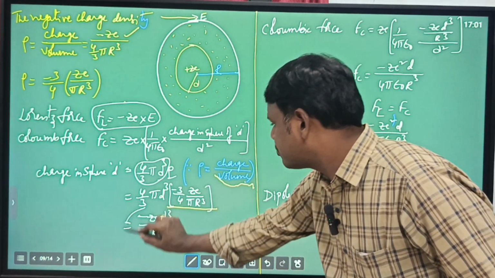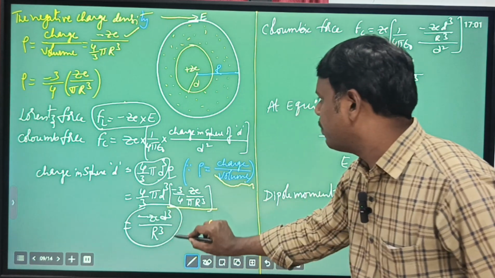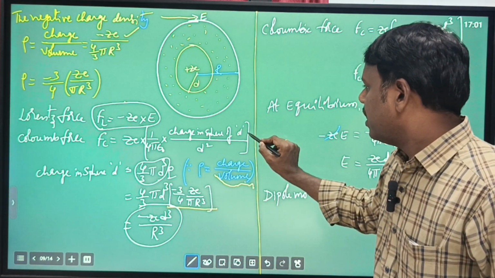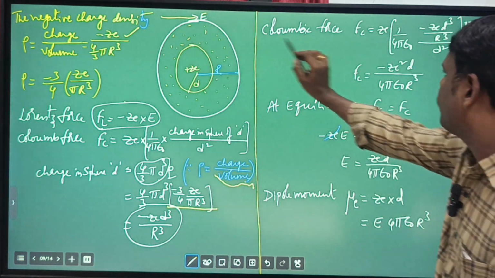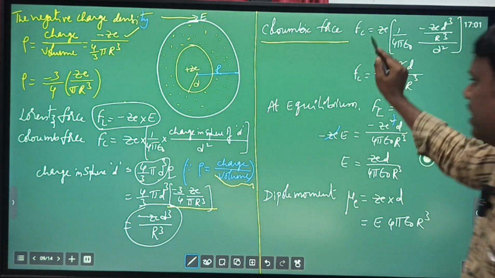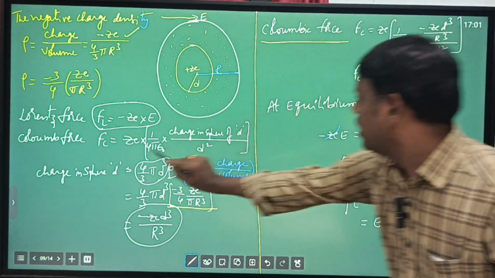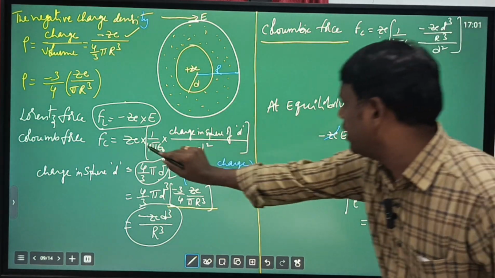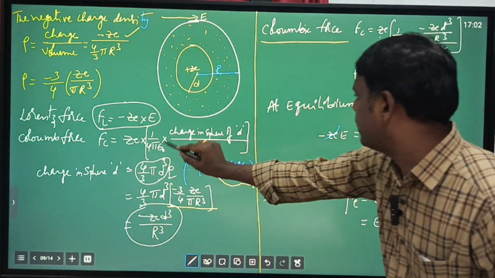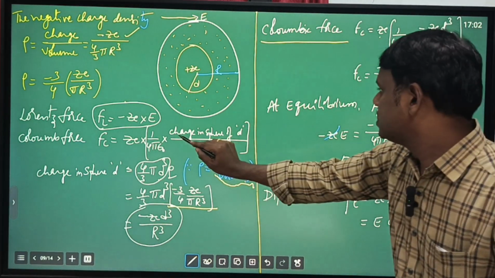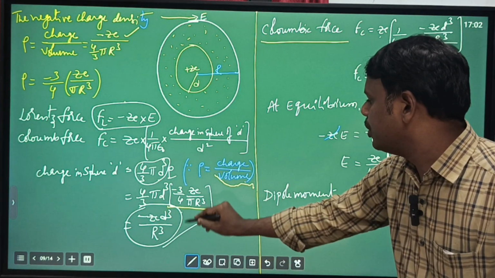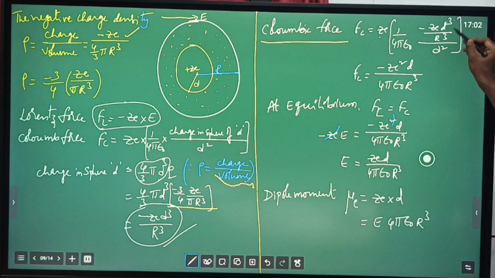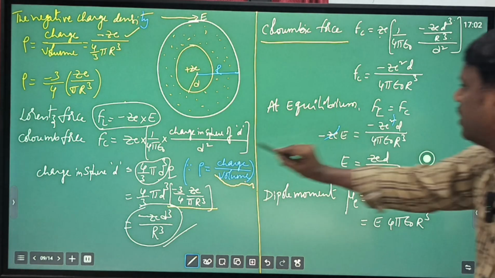So substitute this value, minus Ze d cube by r cube, as the charge inside the sphere of radius d. Then the Coulombic force is Fc equal to Ze into 1 by 4 pi epsilon naught into the charge inside the sphere, minus Ze d cube by r cube, divided by d square.